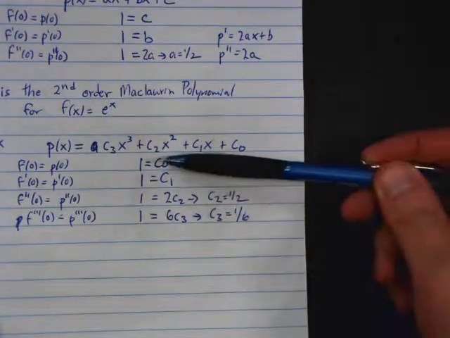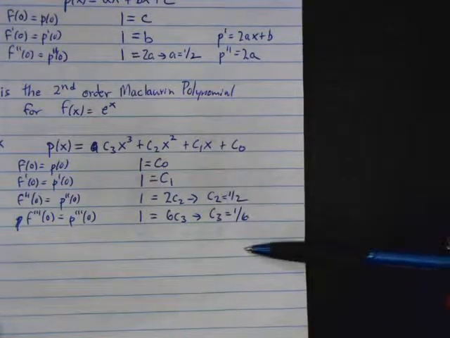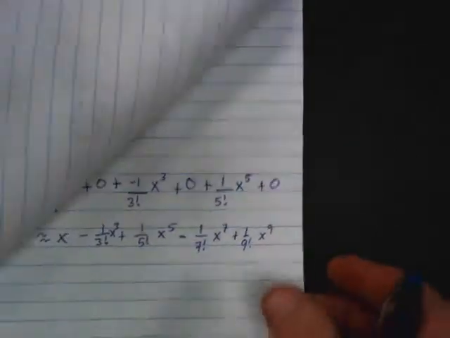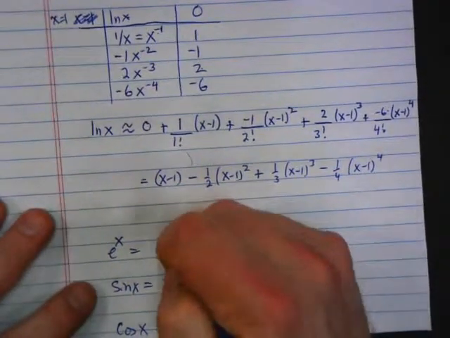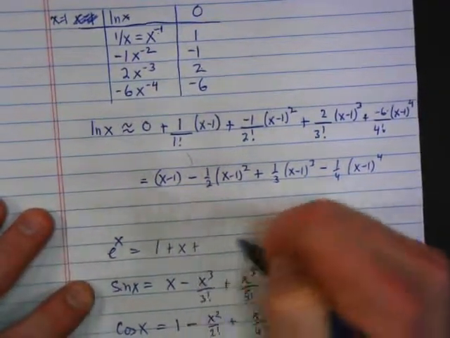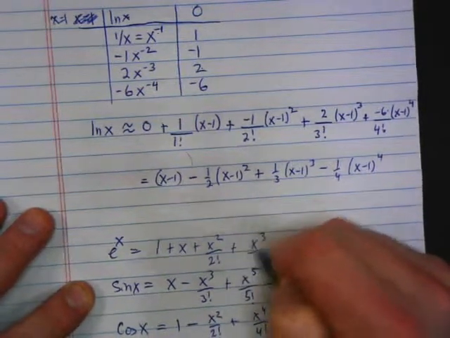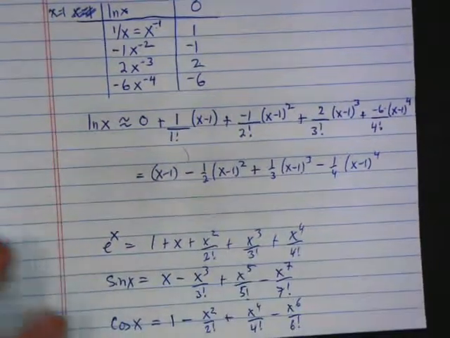So we had 1 factorial, 2 factorial, 3 factorial down on bottom. So e to the x, its Maclaurin polynomial, is 1 plus x plus x squared over 2 factorial plus x cubed over 3 factorial plus x to the 4th over 4 factorial, and you can keep going.